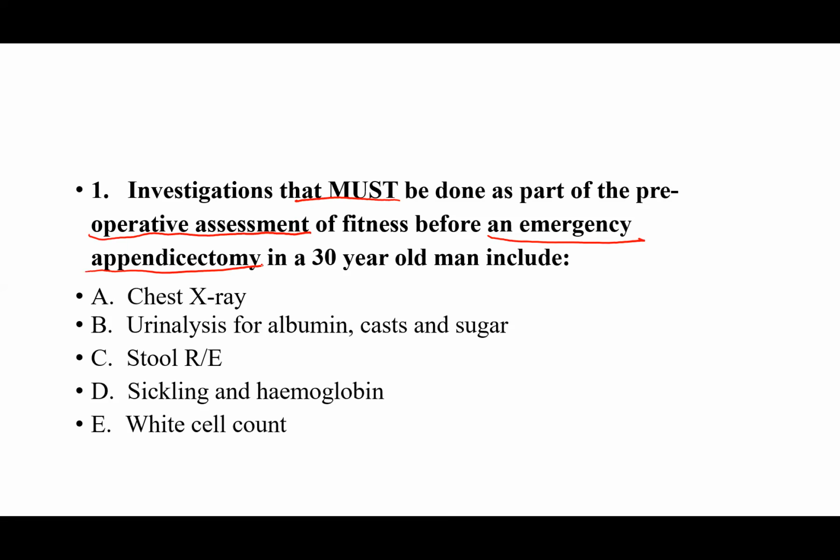Now, Dr. Sakina, why did you say white blood cell count? Let's hear your reason. Okay, so the white blood cell count will give us an idea of the PCV of the patient. It will also give us an idea of the platelets, which will be important for us to know during the surgery so the patient doesn't bleed. So that's why I went for option E. You are confusing it with full blood count. Oh, okay.